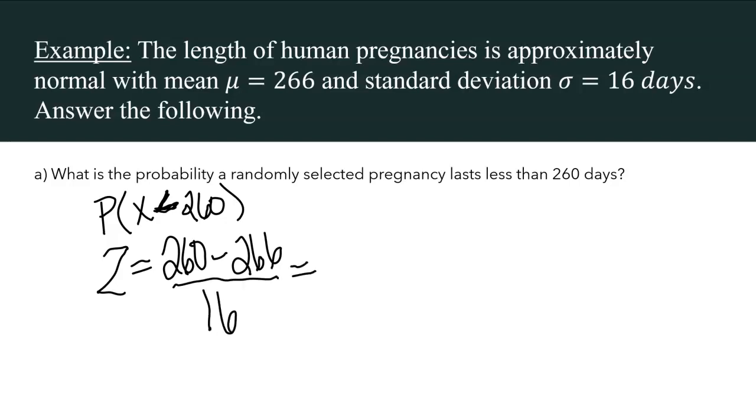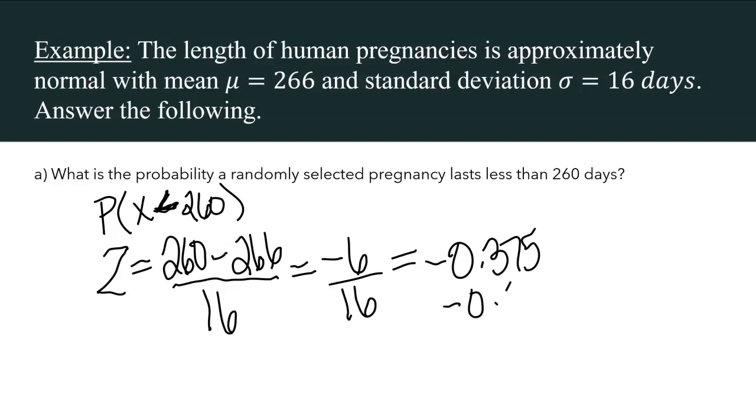So 260 minus 266 is negative 6 over 16. And when you divide that out, you end up getting negative 0.375. And remember, our Z chart only goes to the hundredths place, so we're going to round that to negative 0.38, okay? So that's our Z value, and that's what we want to use on the chart to find the probability.